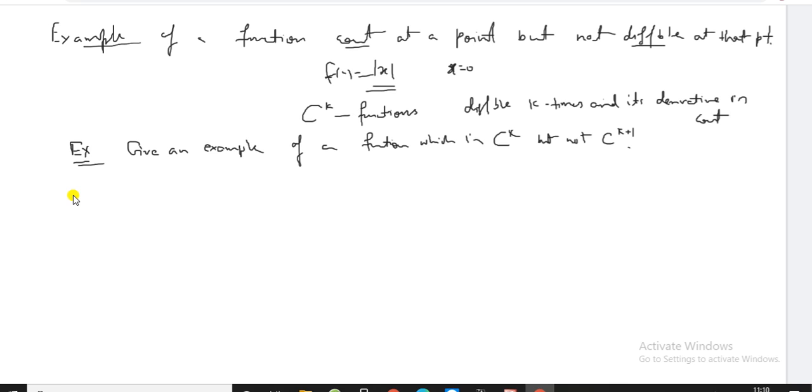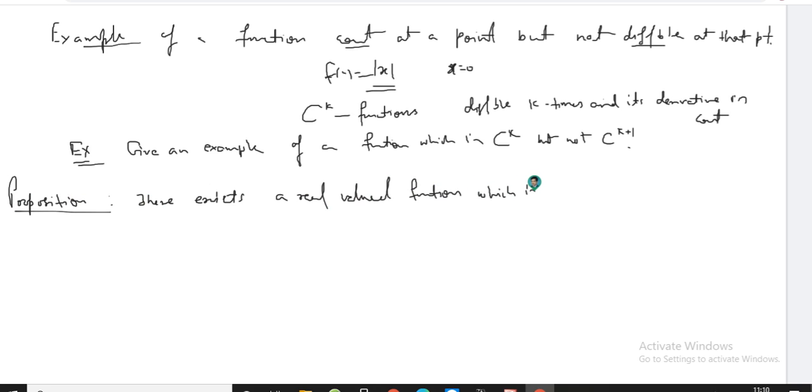Maybe you can write it in the form of a proposition, or maybe a question. So there exists a real valued function which is continuous on its whole domain, say on R, but nowhere differentiable.